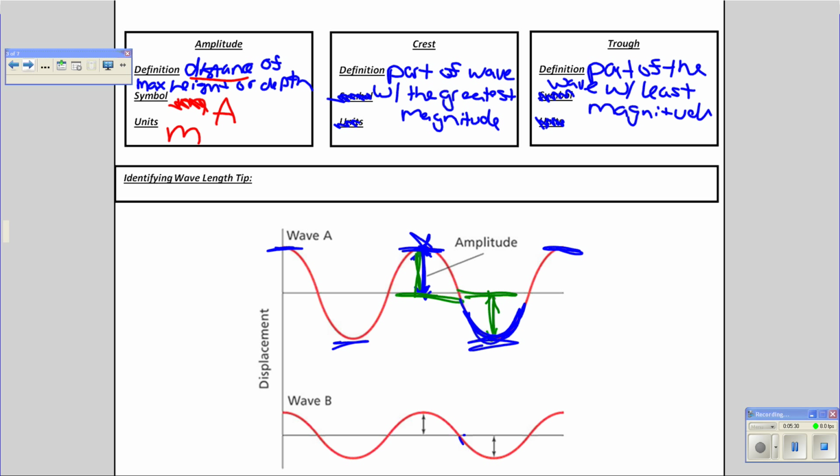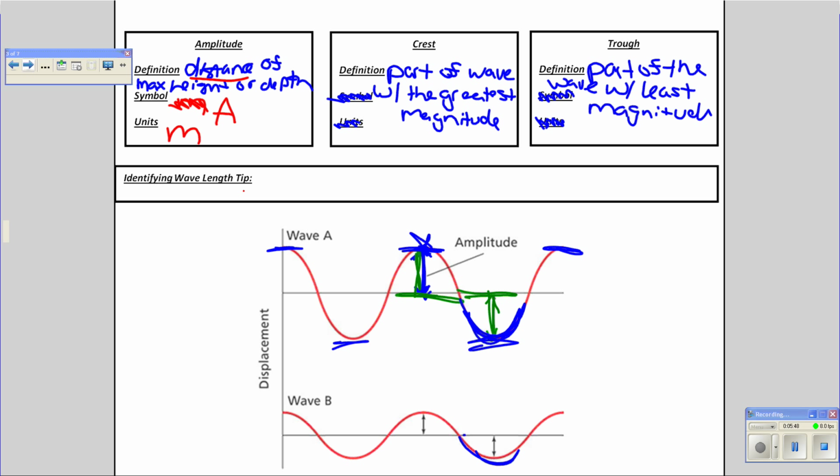Okay? So we talked about amplitude being the distance of maximum height or depth. Maximum height is happening at the crest. Maximum depth is happening at the trough.